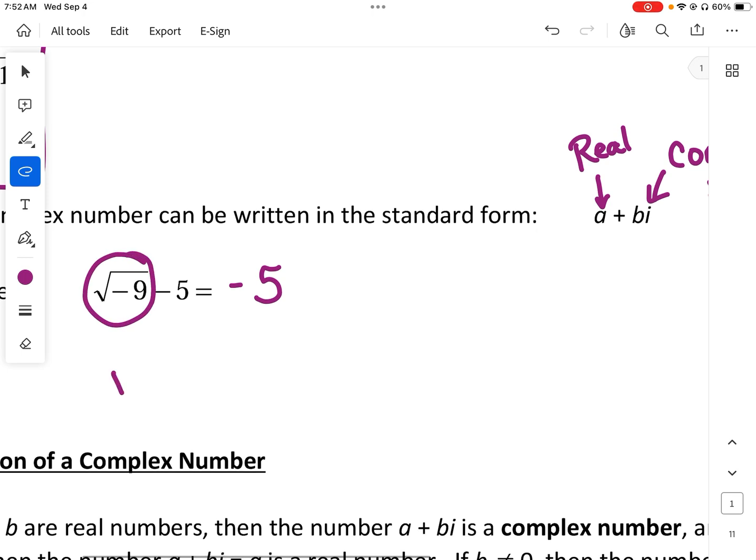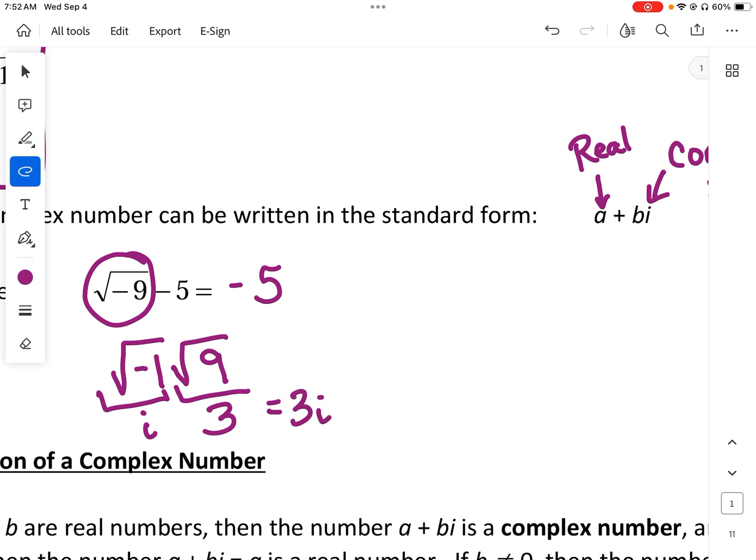I know that I can pull a negative 1 out of the negative 9 under the square root, and then I can take the square root of 9. So I'm breaking it up into two parts: this is 3, and this is i, but I need to write it the opposite way, so this is actually 3i. I can put that after the negative 5 because I want it in standard form. This is my real part, and this is my imaginary part, making it a complex number.